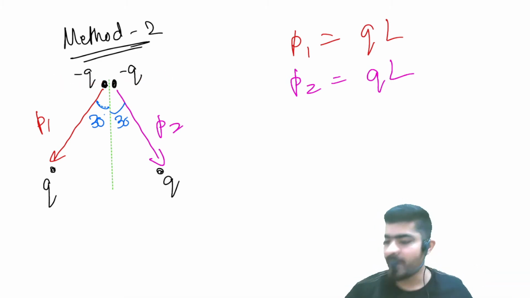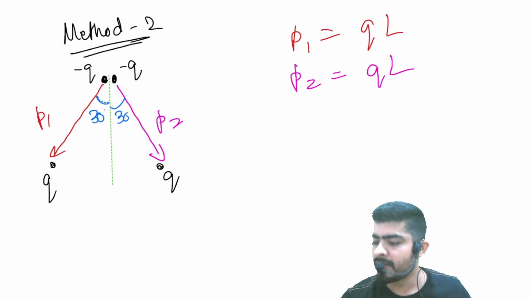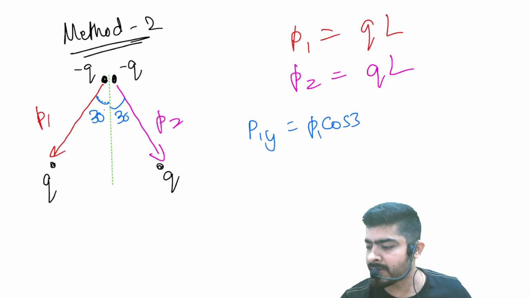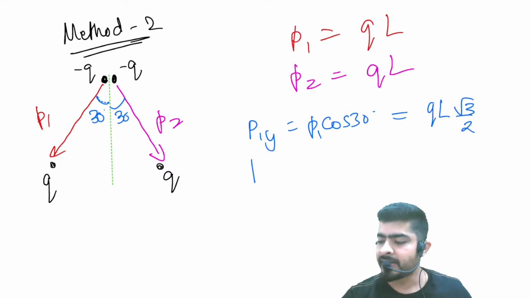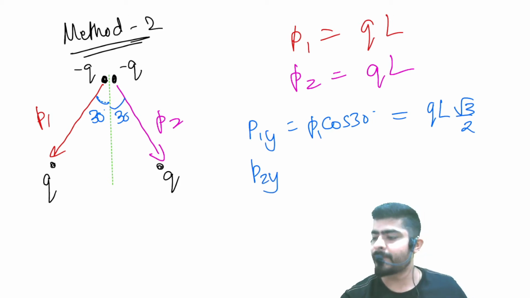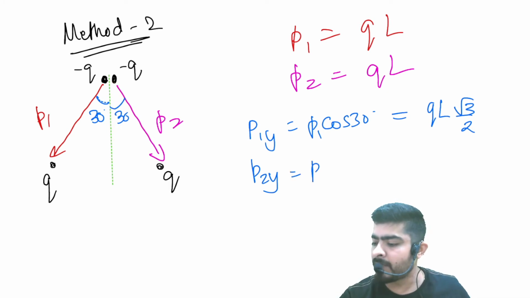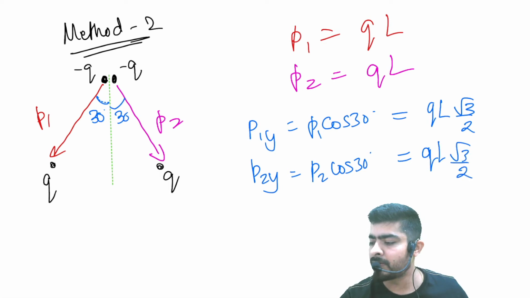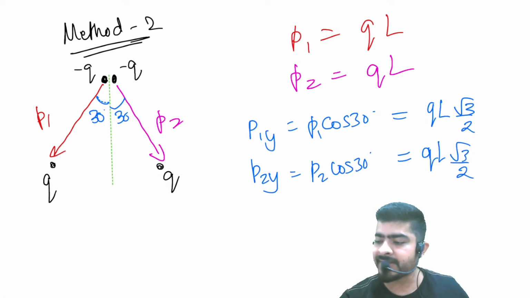All right, y component of P1 is how much? P1 cos 30. So I'll write down over here P1y equal to P1 cos 30 degree, so that is QL root 3 by 2. Similarly, y component of P2 is how much? So this is P2, its y component will be P2 cos 30. So again QL root 3 by 2. Now P1y and P2y, they are both in the same direction, right?